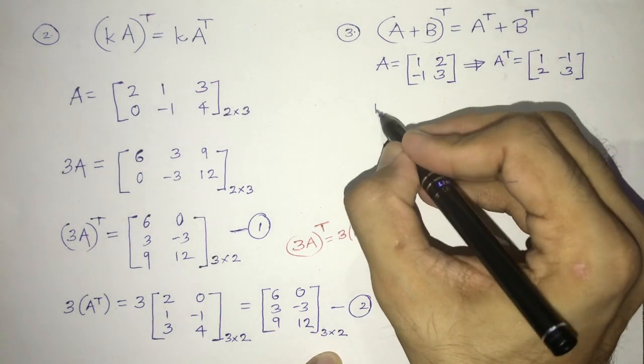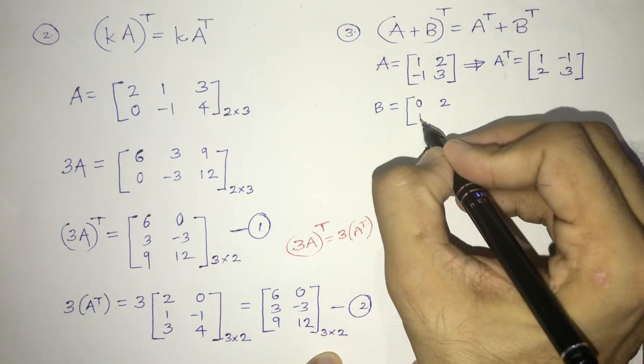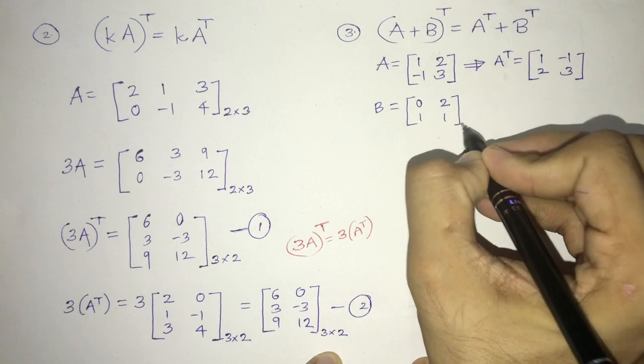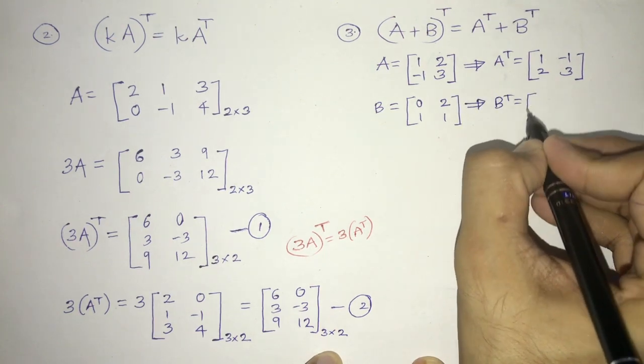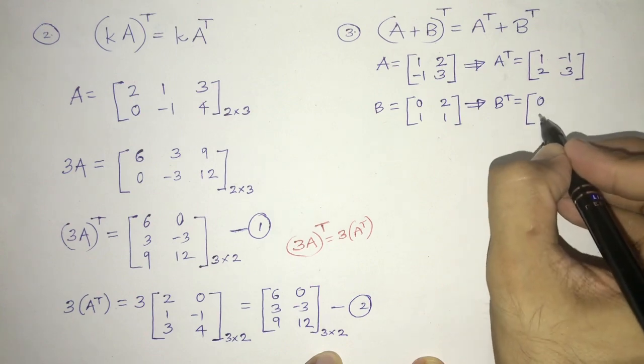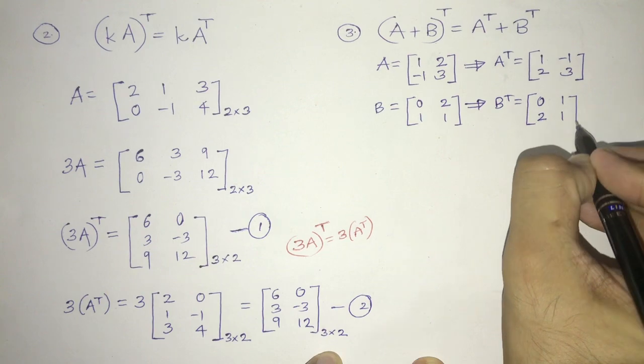B is 0 2 1 1. When I take B transpose, first row becomes first column, 0 2, and second row becomes second column, 1 1.